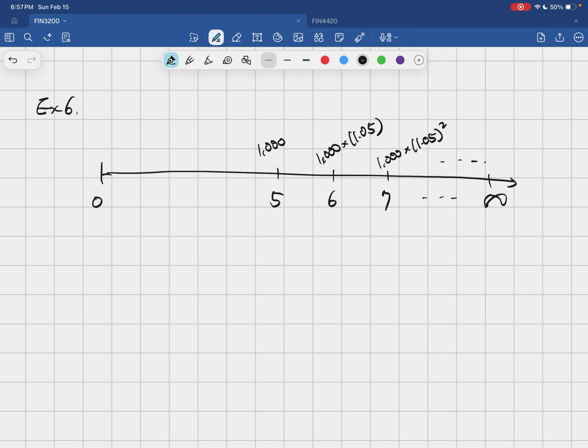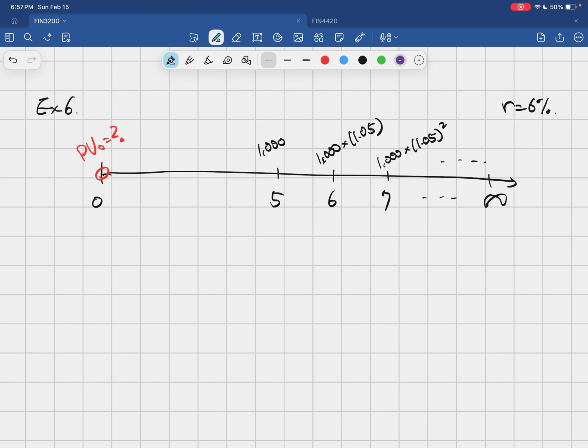Okay? The discount rate is given, it's 6%, and the ultimate goal is to figure out the value of the promise today. So we're trying to calculate the present value of this promise. Okay? So again, the first step of any multiple cash flow problem is recognizing what type of cash flow pattern you're dealing with.